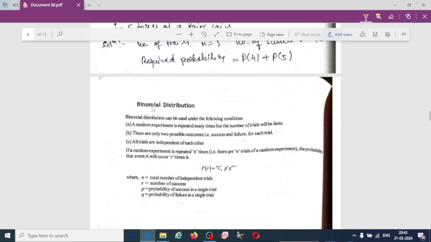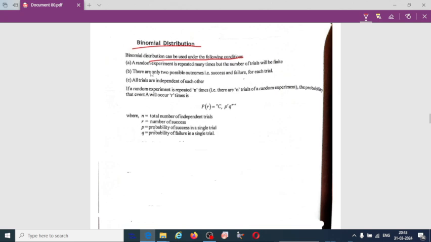So next one is the binomial distribution. The binomial distribution can be used under the following conditions. First, a random experiment is repeated many times but the number of trials is finite. Second, there are only two possible outcomes, success and failure, for each trial.